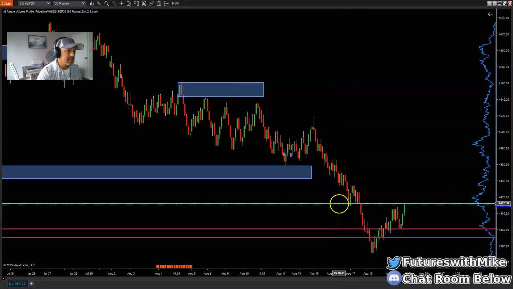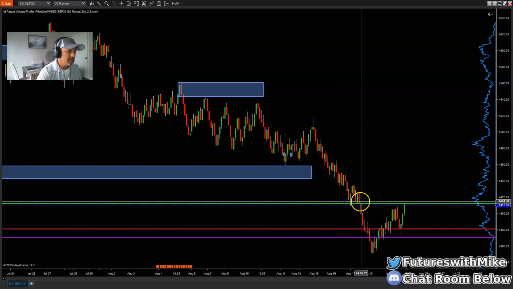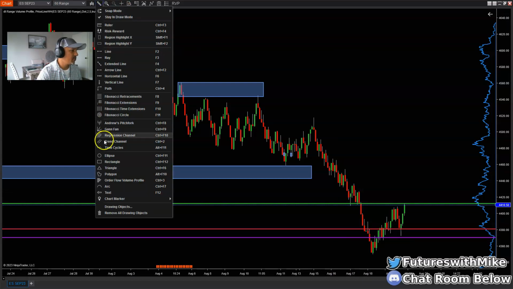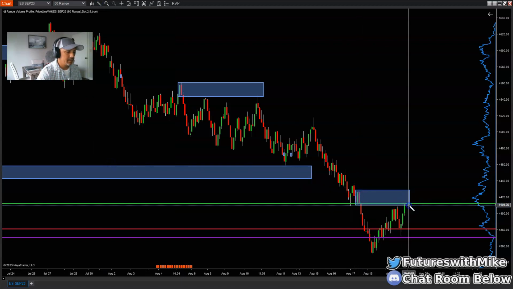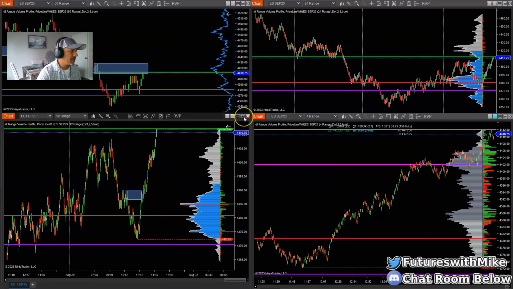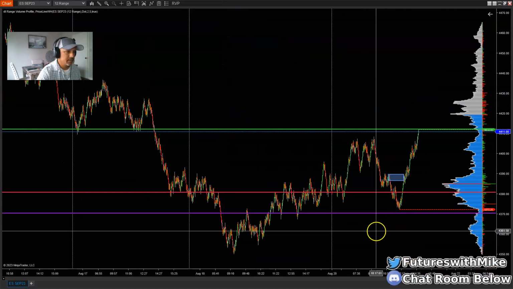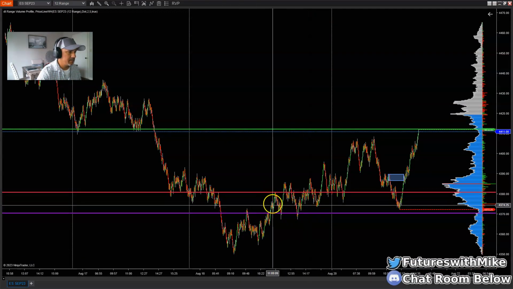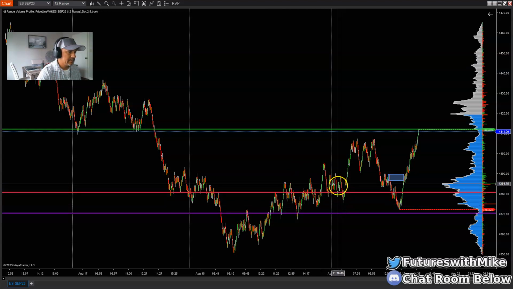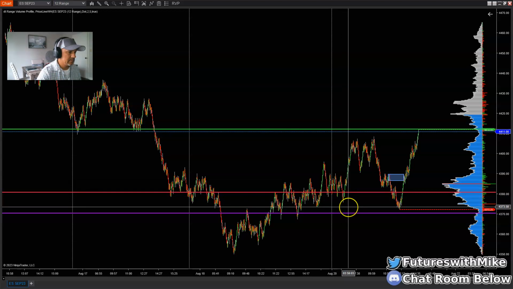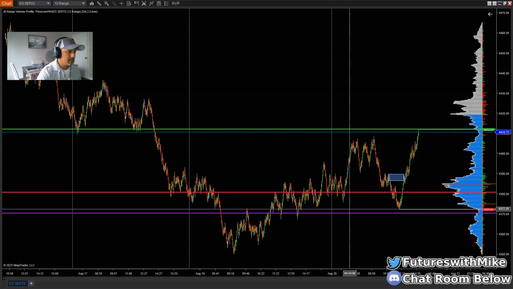Yeah, this is an area of supply off of the 60 range chart right here. So price could definitely reject this area. Let me see.